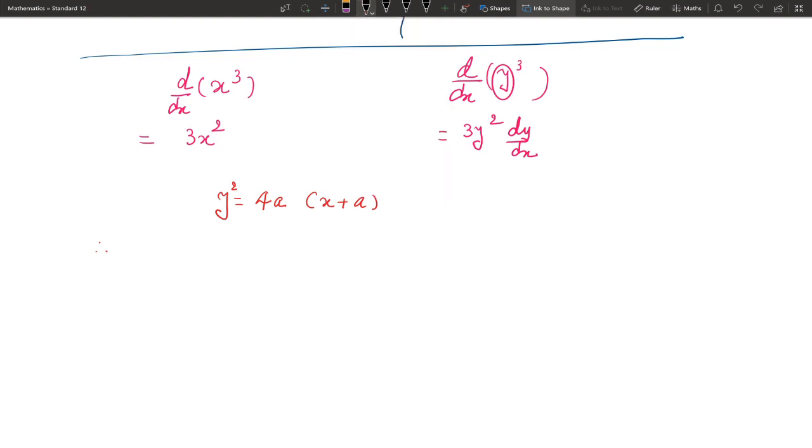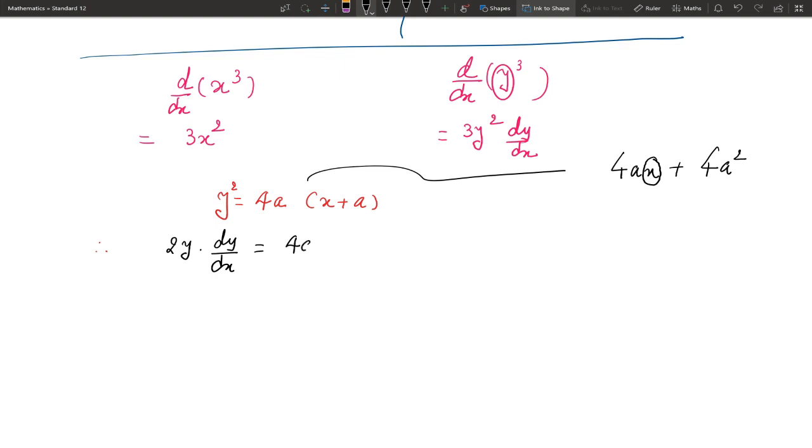When we differentiate the left hand side, 2y, y is an implicit function of x, dy by dx. The right hand side is 4ax plus 4a square. Derivative of x with respect to x is 1 into 4a, so this is 4a. 4a square is a constant, so derivative is 0.